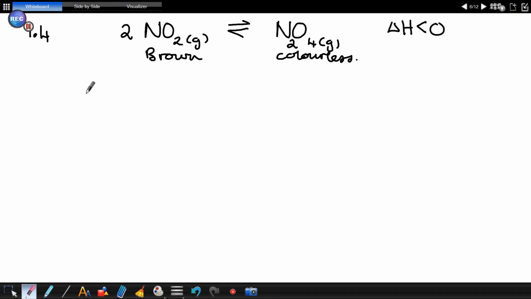Okay, now in 1.4 on page 177, they say a flask 1 contains an equilibrium mixture of nitrogen dioxide and dinitrogen tetraoxide, which is light brown. So this mixture is light brown.